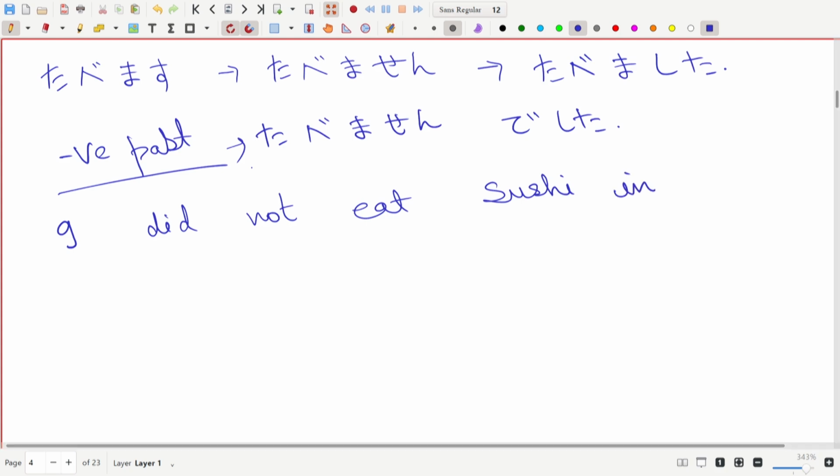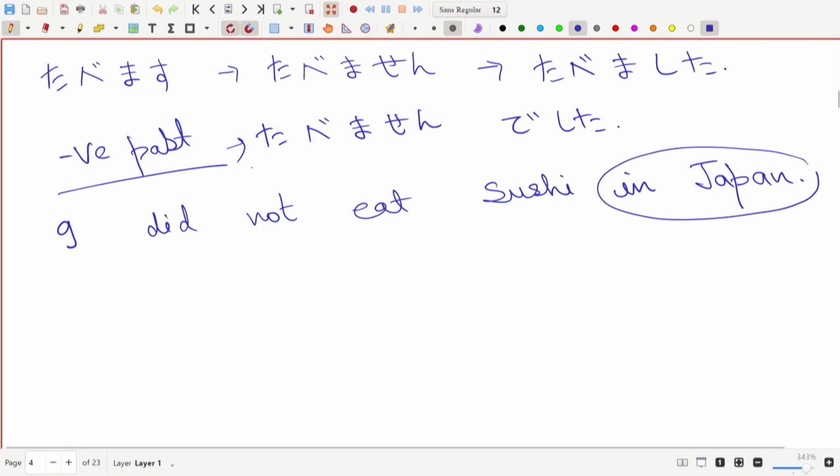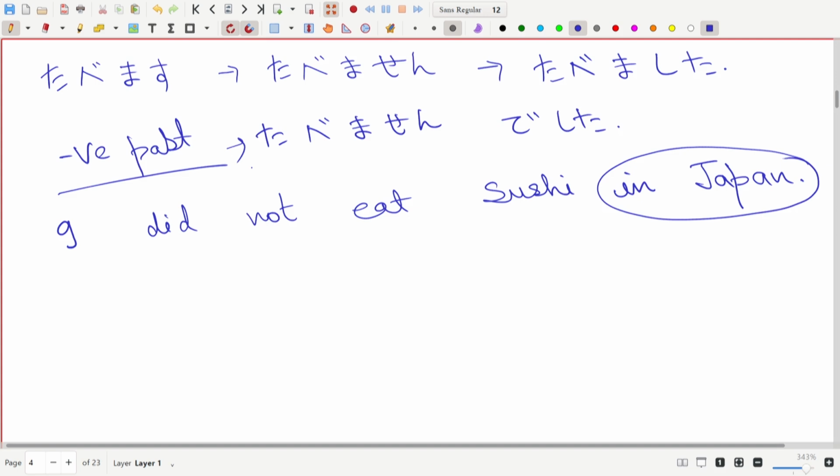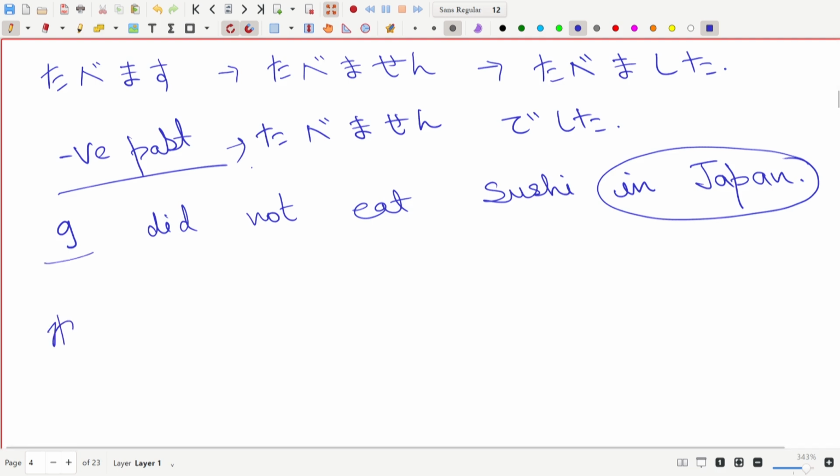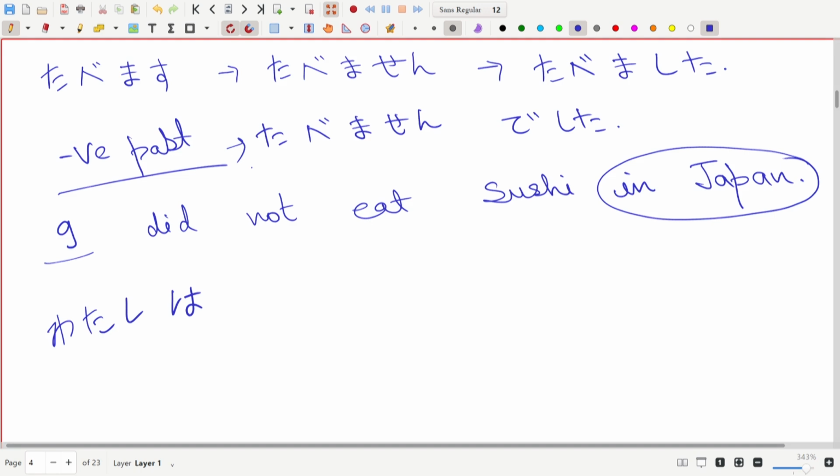in Japan. Okay, so let's focus. In Japan means Japan is a place where the action was supposed to take place, of eating sushi. So Japan is the place of action here. So remember we have done particle de for place of action. So now the topic is I, which is watashi. Topic particle is wa and Japan will come here.